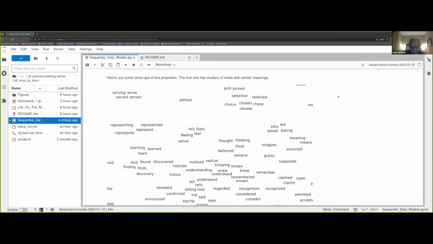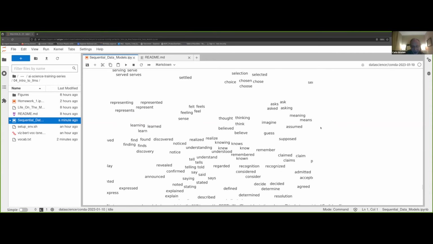Those are obviously words that statistically fall in the same context, and therefore the model decided they belong together, as with thought, thinking, think, believed, believe, representing, represent. I mean, those things that have the same word stem are kind of easy, but it found and discovered are the same, are similar. Realized, understanding, and so on.